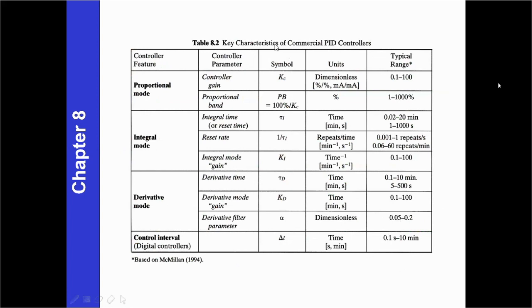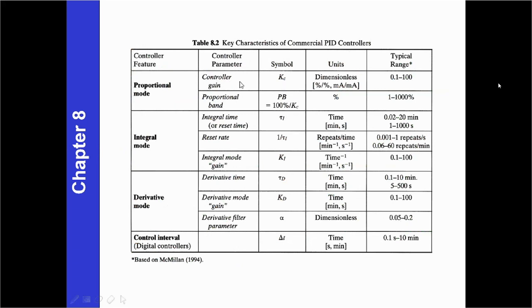So these are the key characteristics of commercial PID controllers. We have proportional mode, integral mode, and derivative mode. For proportional mode, the controller parameter is the controller gain Kc, or proportional band PB, which is out of 100%.